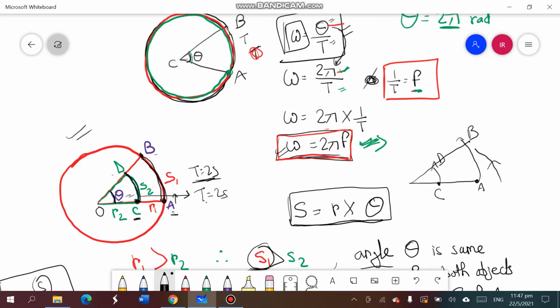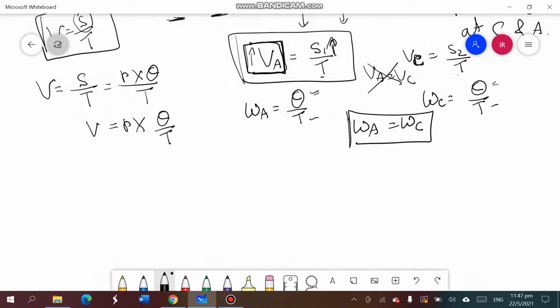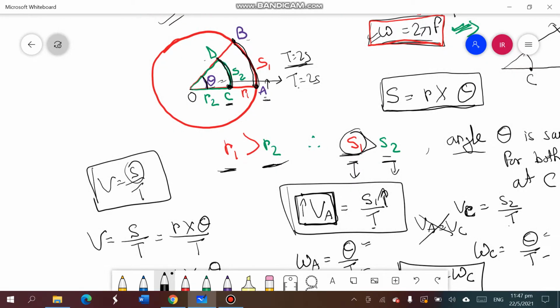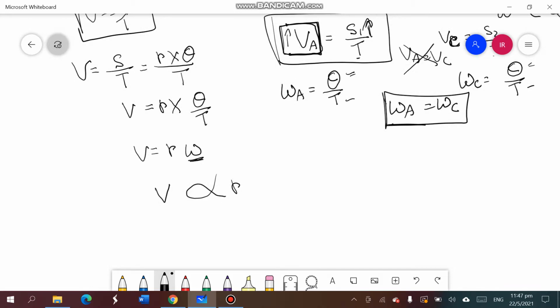So we can replace theta by T with omega. Since omega is the same for both of them, omega is constant, we can easily say the linear velocity of an object moving in a circular path depends on the radius, or how far the object is from the center. So the further the object is from the center, the larger the radius, the faster the object will travel. Its linear velocity will be larger.